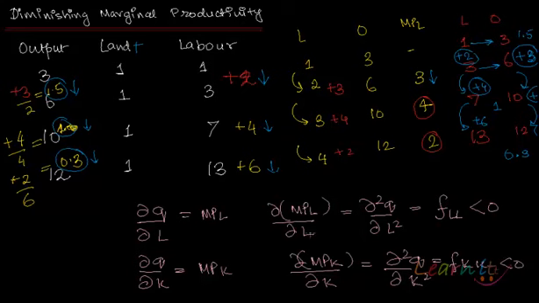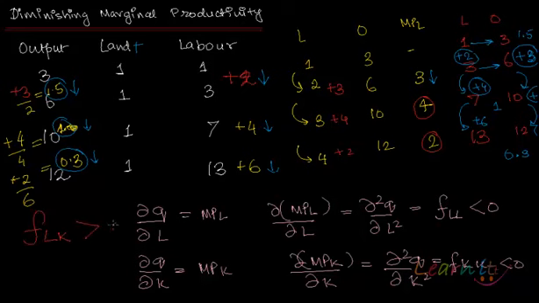Now you also have to understand that changes in the marginal productivity of labor also depend upon changes in the other input, say land or capital or anything. So you also have to be concerned about the cross partial derivative, which is FLK.